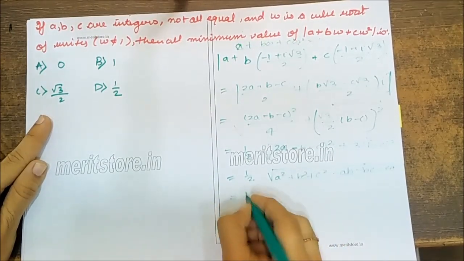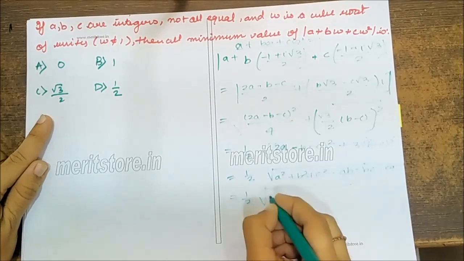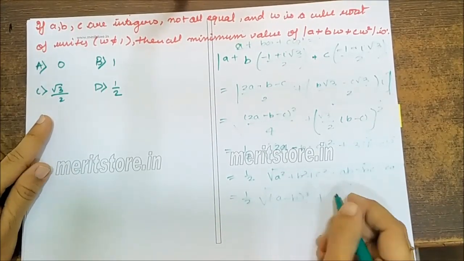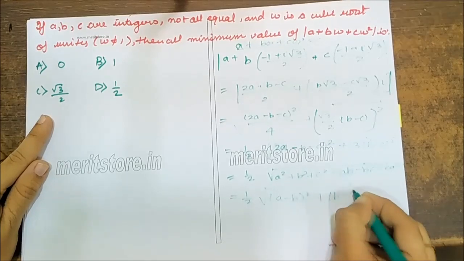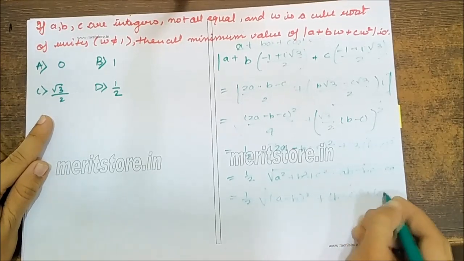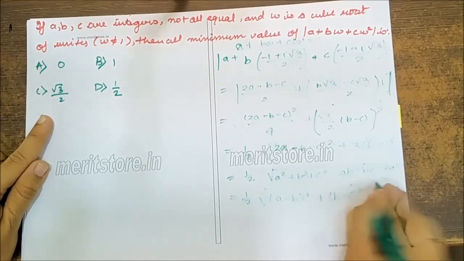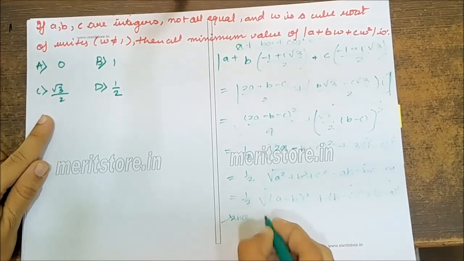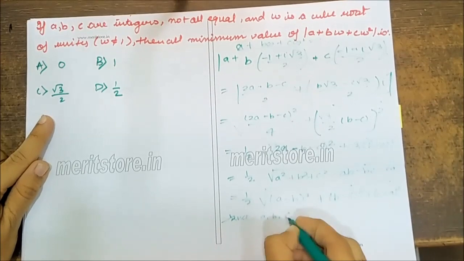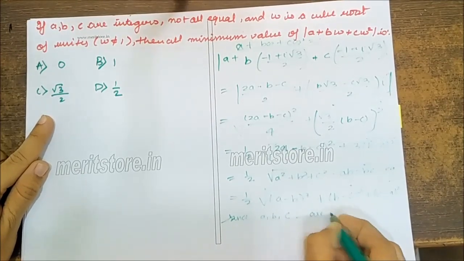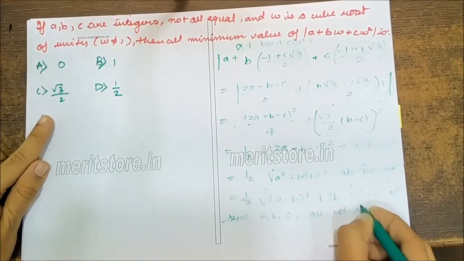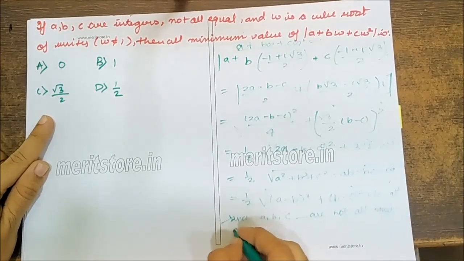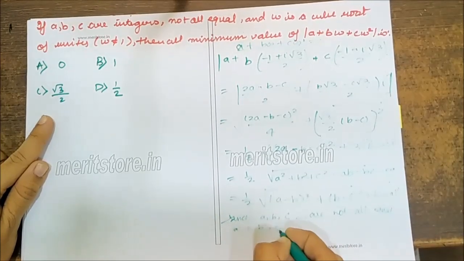And this simplified form is (a − b)² + (b − c)² + (c − a)². Now since a, b and c are not all equal, we can't say a = b = c.